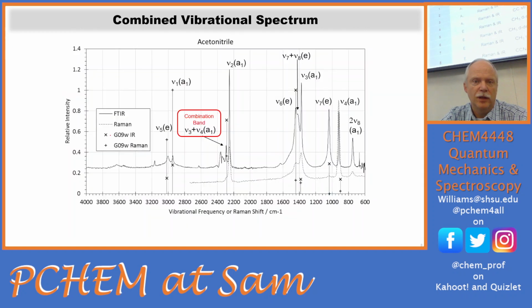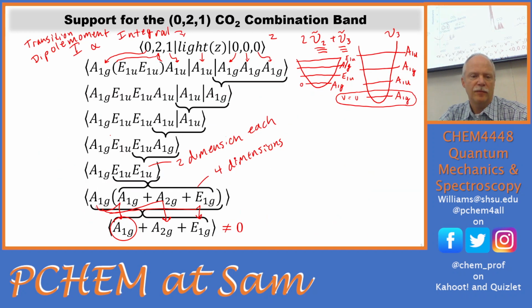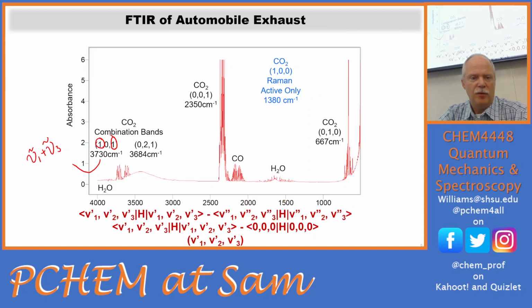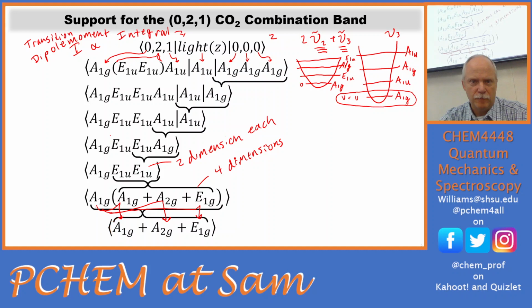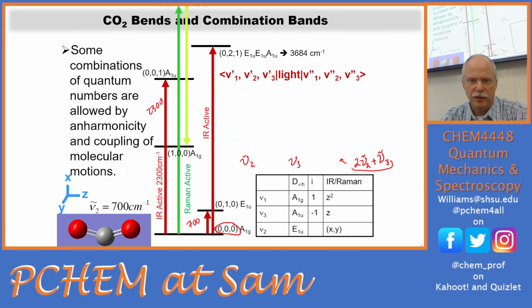Okay, I guess we don't do that one. Do we do that one later? Sorry. Yeah, so I switched gears. Let's go ahead and do that one. Let's go back here to our symmetries. Nu 1 and nu 3. Okay, so we have nu 1 is A1G and nu 3 is A1U.